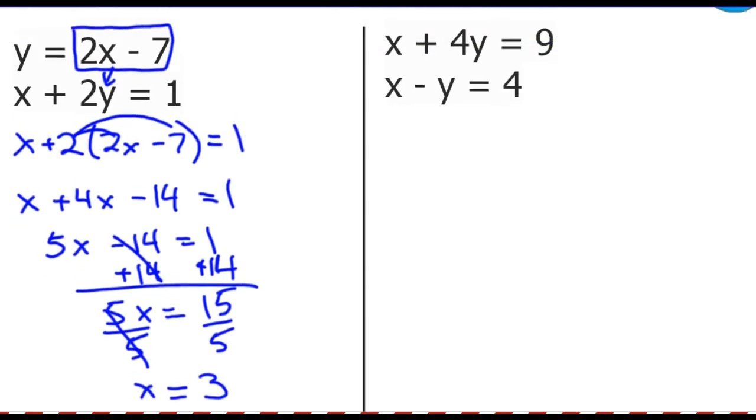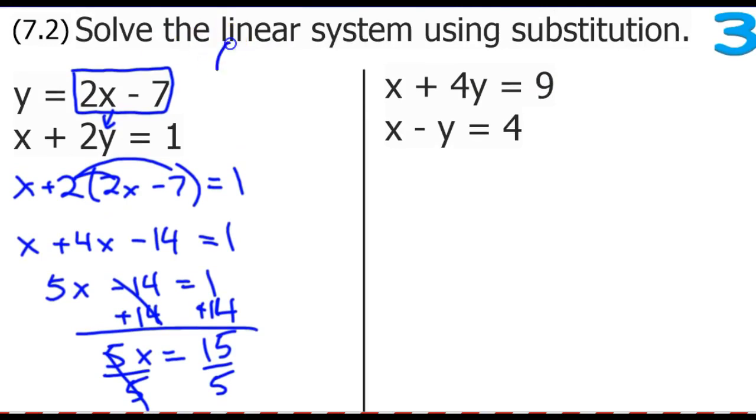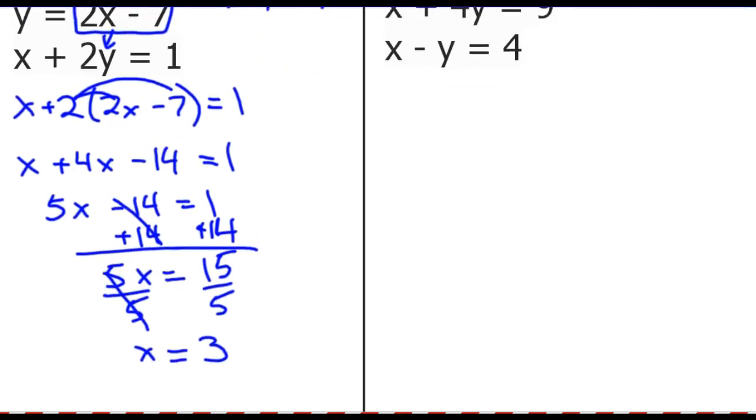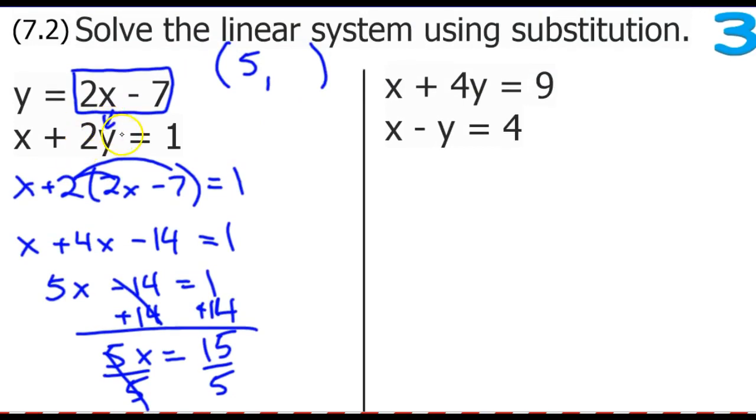So we need to have both an x and a y for this system. We know our x is 3, but we don't know what our y is yet. So we need to plug our 3 back into one of our equations. I'm going to plug it back into this equation because I already have y solved.